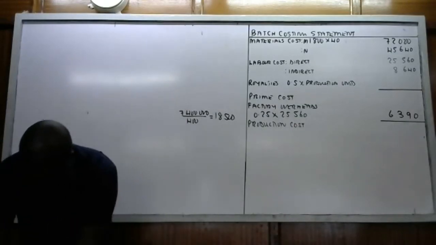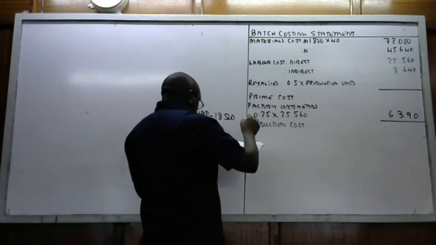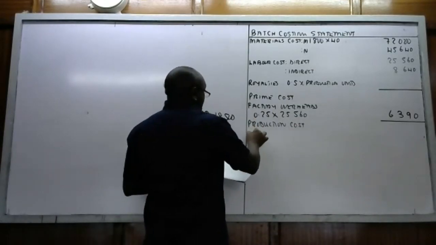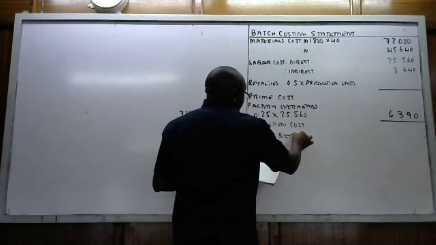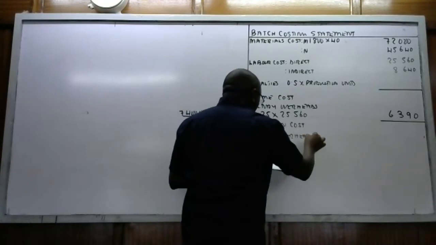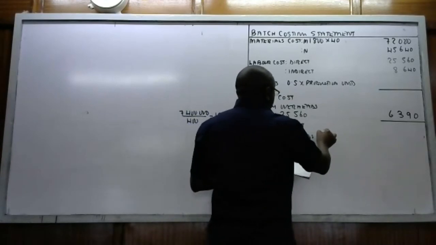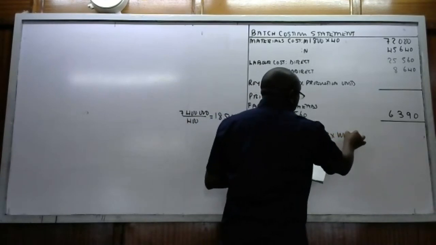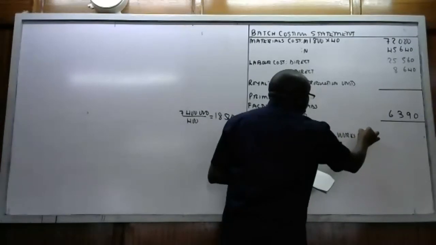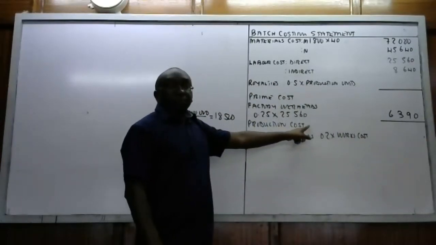Then you bring the non-production costs, which go into office overheads. Office overheads would be 0.2 of works cost. Works cost is the other name for production cost.